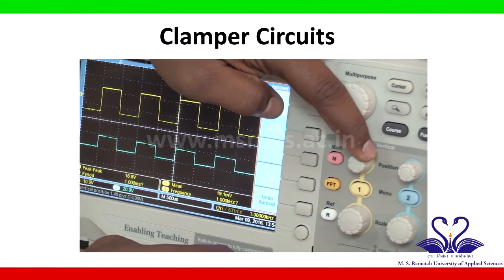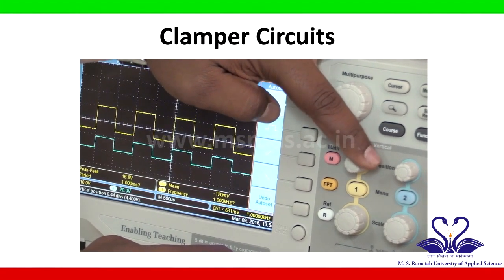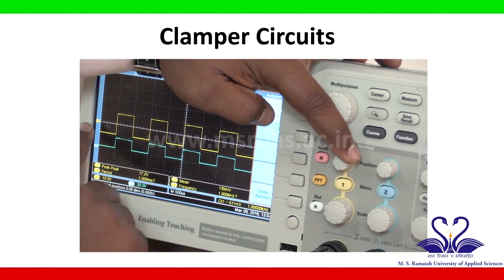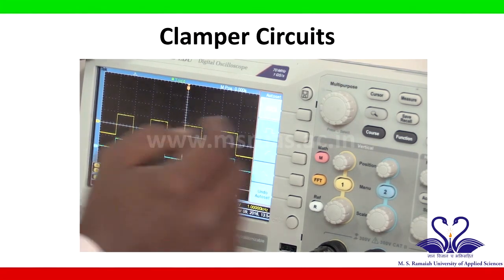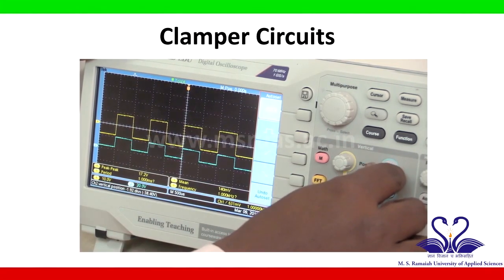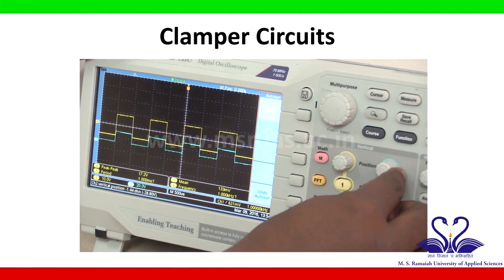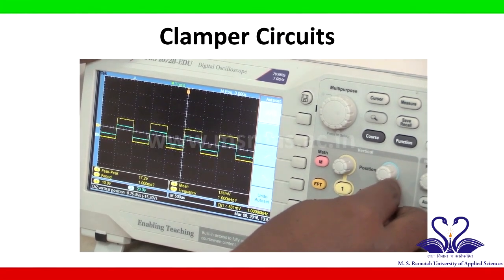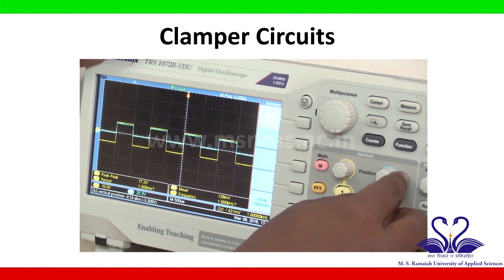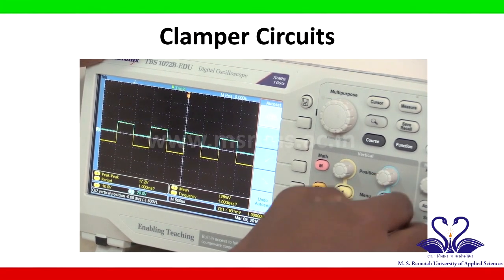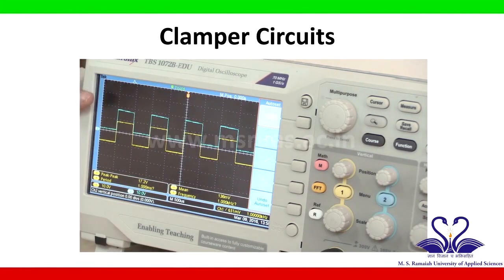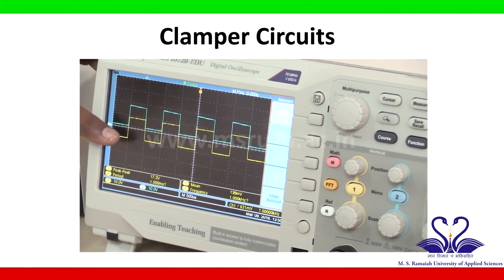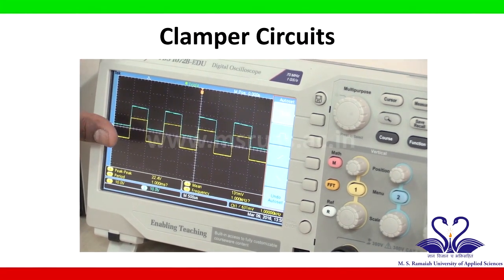Channel 1 signal I am moving down so that I can merge the channel 1 reference line with the reference line of the display. Similarly, I will move the channel 2 pointer to the reference line. Now the input and output waveforms have merged together.